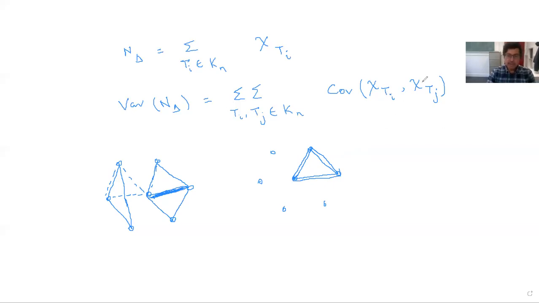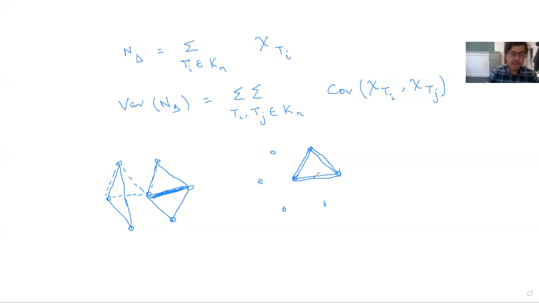So the two triangles Ti and Tj might have no edges in common. They might have one edge in common, like here. They might have three edges in common, like here. And what's the remaining possibility? They might have two edges in common. Can that happen? Well, you can convince yourselves that that's not possible. It's not possible to have two triangles which intersect in two edges, but not in three.